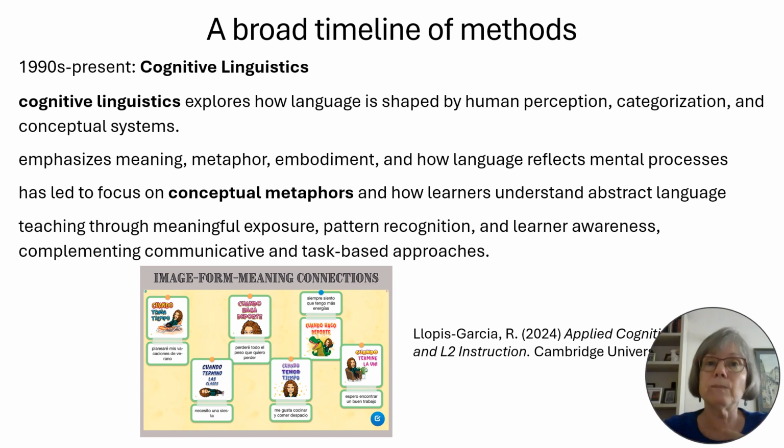So it emphasizes meaning, also metaphors, so ways we have of thinking about the world. You can think about the preposition system in English: we live in a country, not on a country, that kind of thing. So, how language reflects a culture's way of thinking.